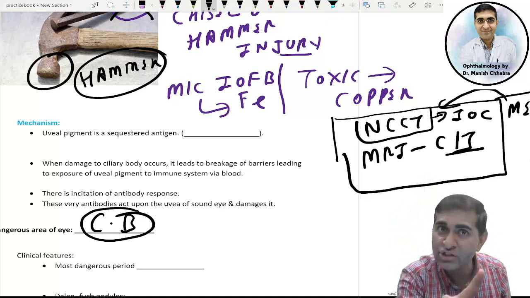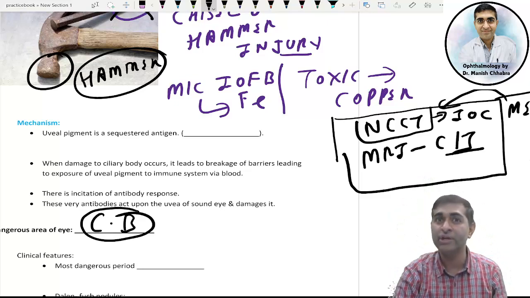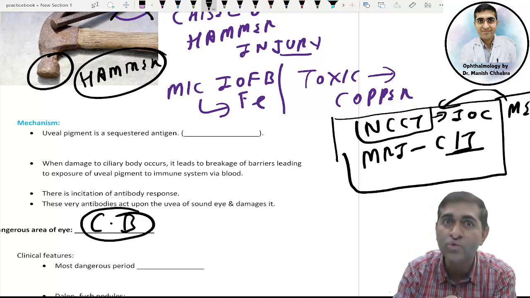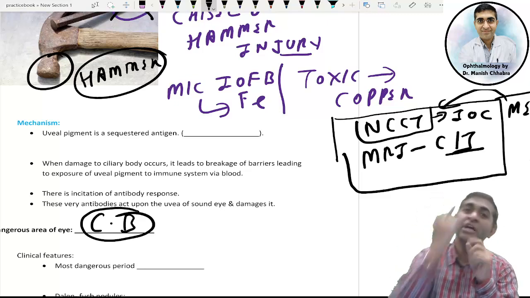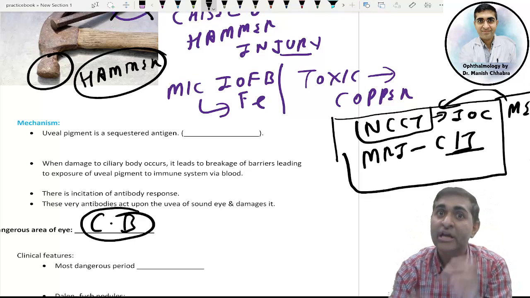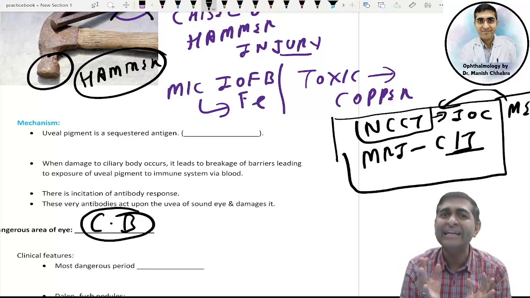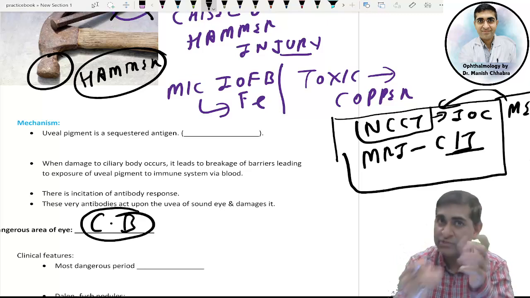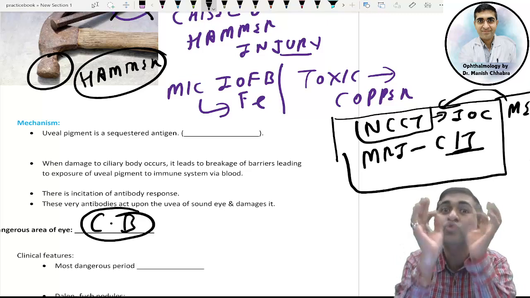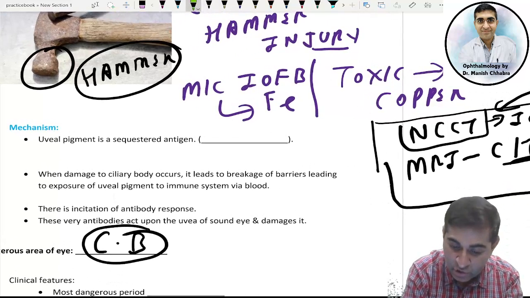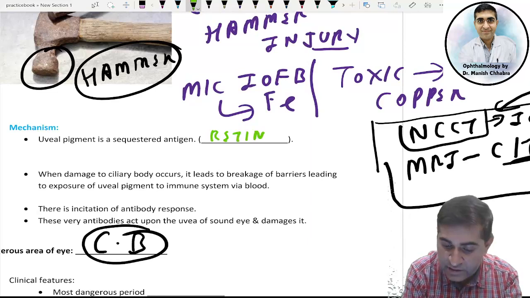So which is more dangerous? Perforating is more dangerous. Now if an intraocular foreign body has entered into the eye and it hits the ciliary body, the ciliary body has got one beautiful antigen, which is a part of uvea, so you can call it the uveal antigen. The name of this antigen, your previous year question, is retinal S antigen.